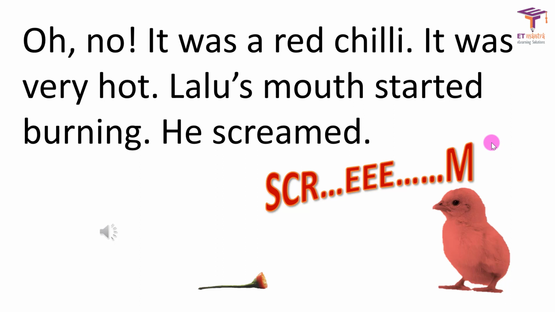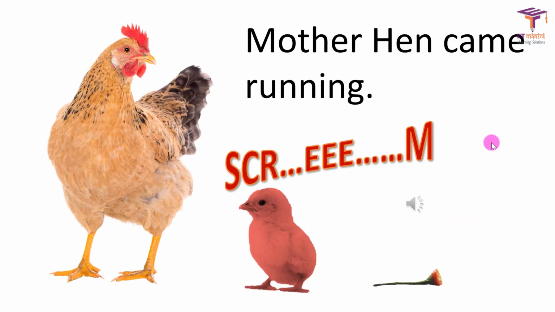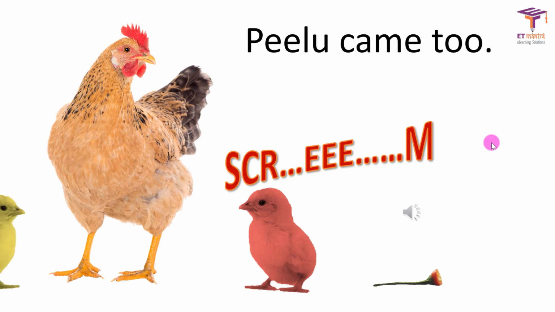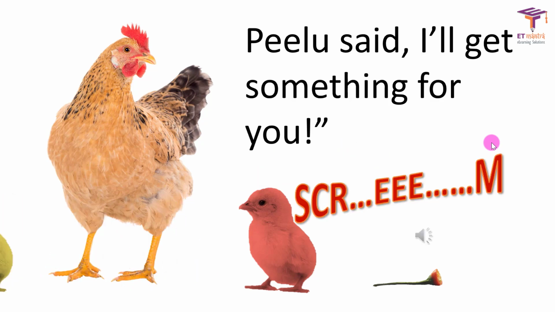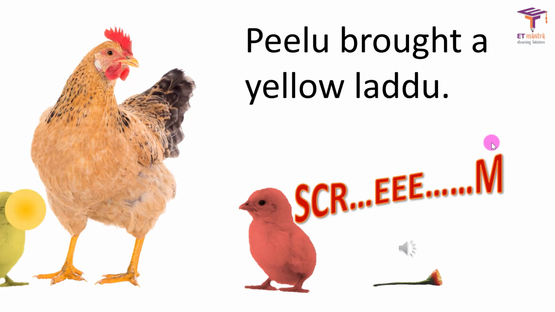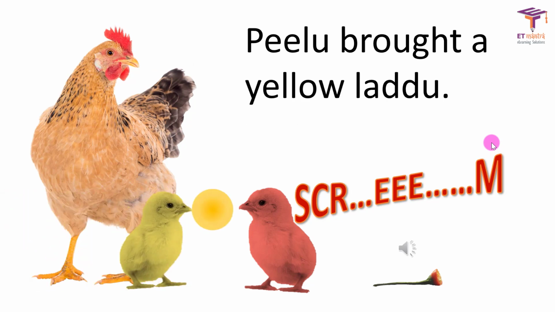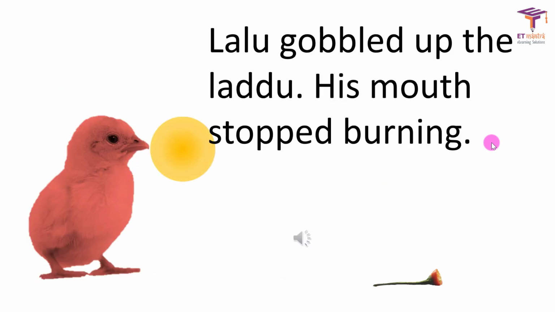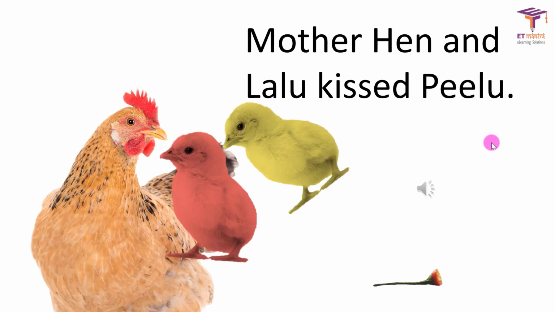Lalu's mouth started burning. He screamed. Mother hen came running. Pilu came too. Pilu said, I will get something for you. Pilu brought a yellow laddu. Lalu gobbled up the laddu. His mouth stopped burning. Mother hen and Lalu kissed Pilu.